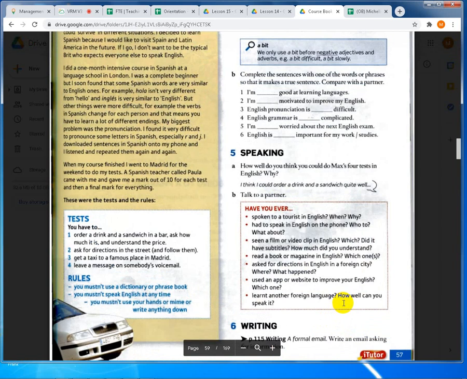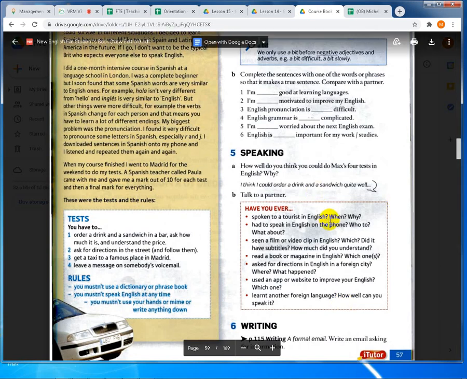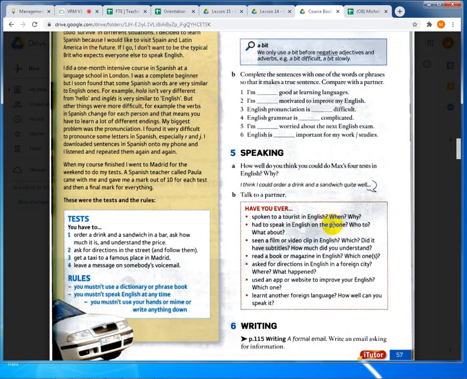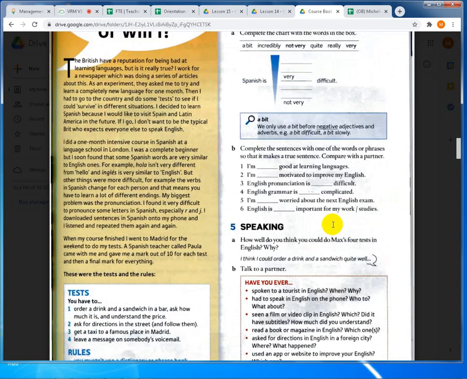First one. So you're going to complete it with one of the words or phrases.